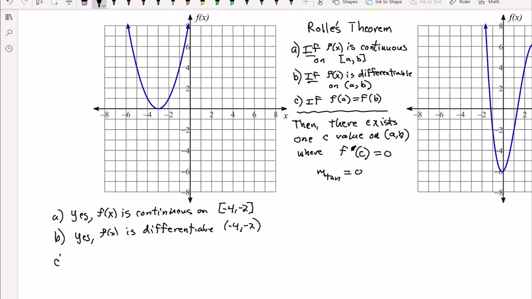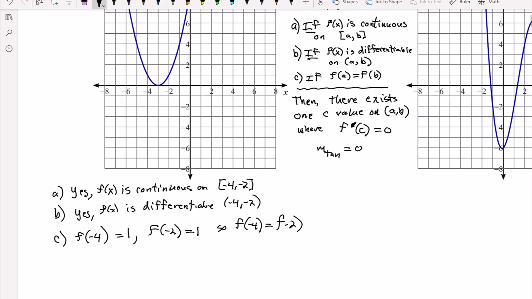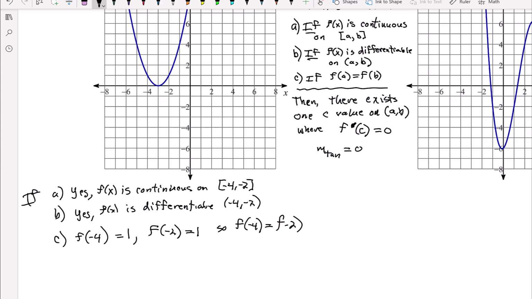And then f(-4) is equal to 1, f(-2) is equal to 1, so f(-4) equals f(-2). All of these are ifs, and then here we have our then.